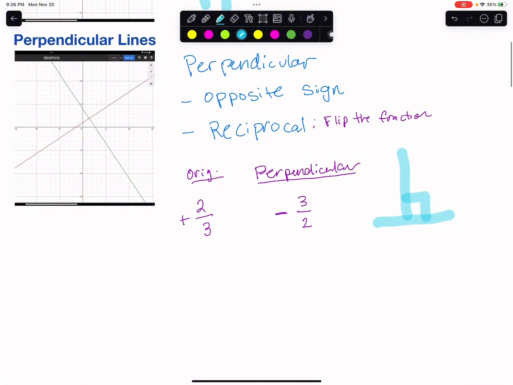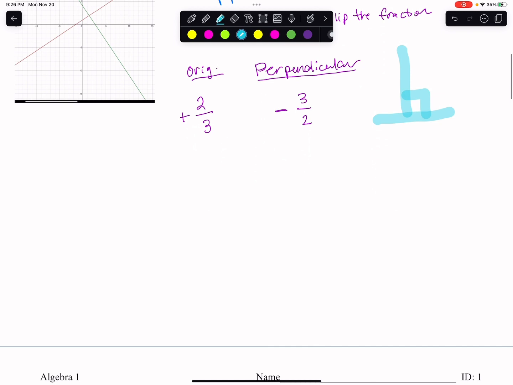So let's do a quick check. Let's say this were my slope, 1/5. What would be the slope of the line that's parallel? And what's the slope of the line that's perpendicular?